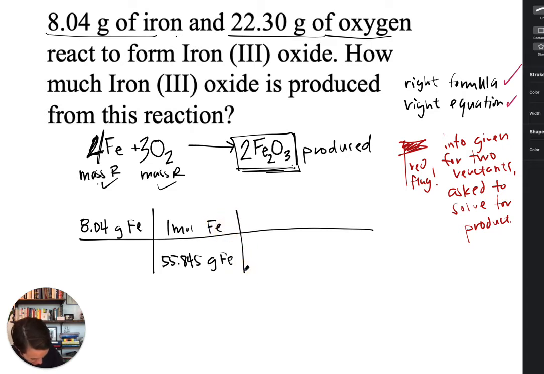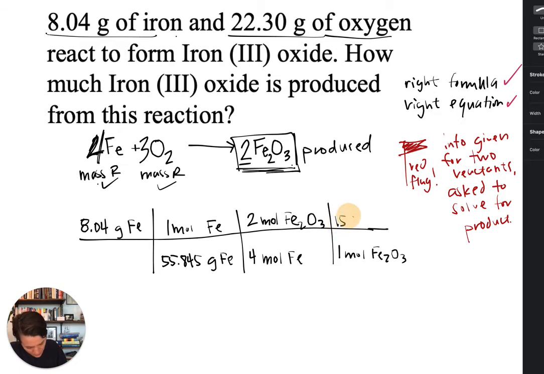Right, and there are 4 moles of iron for every 2 moles of Fe2O3. And then Fe2O3, 55.845 times 2 plus 16 times 3. I get in 1 mole of Fe2O3, it is 159.69 grams.